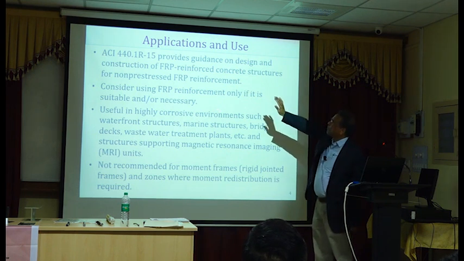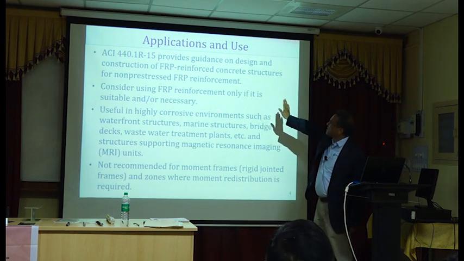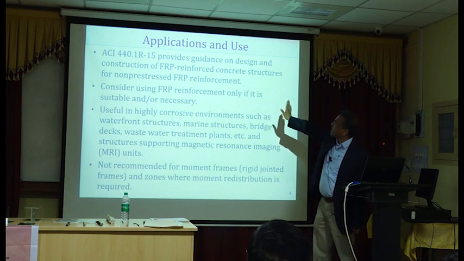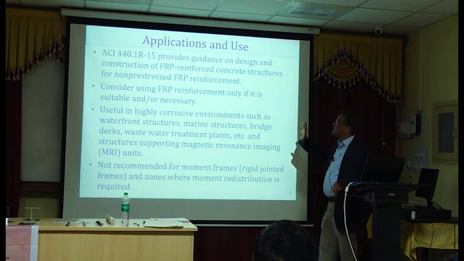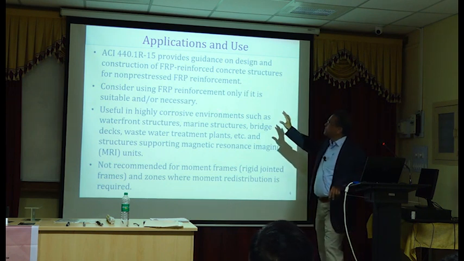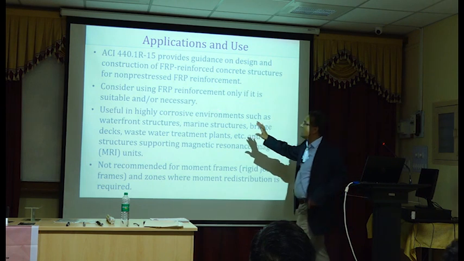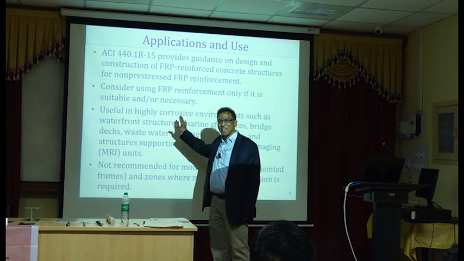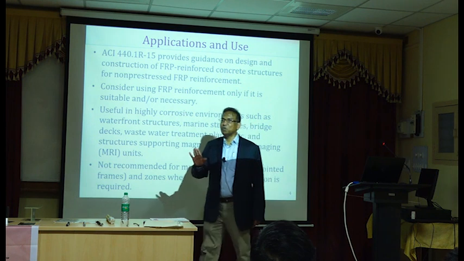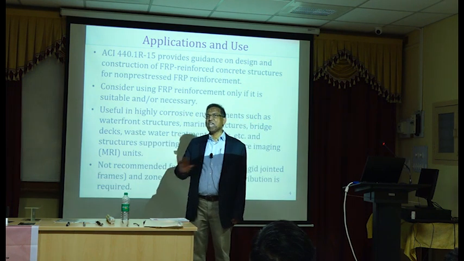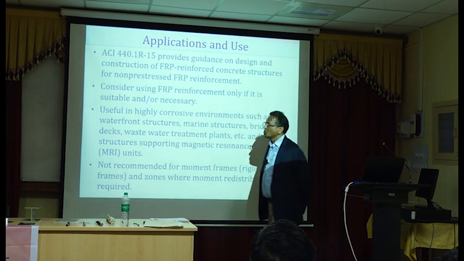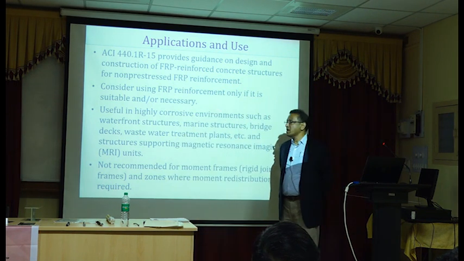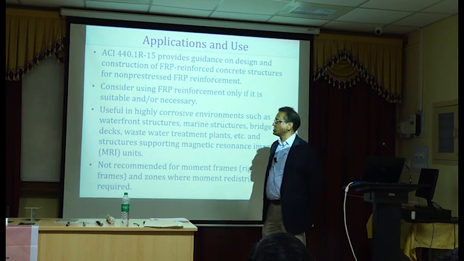So 440.1R gives you guidance on design and construction of FRP bars, and it tells you clearly to consider using FRP reinforcement only if it is suitable and or necessary. Okay? It doesn't tell you to replace your steel bars everywhere. It will not work. It will not be economical to completely substitute steel reinforcing bars in your day-to-day structures.